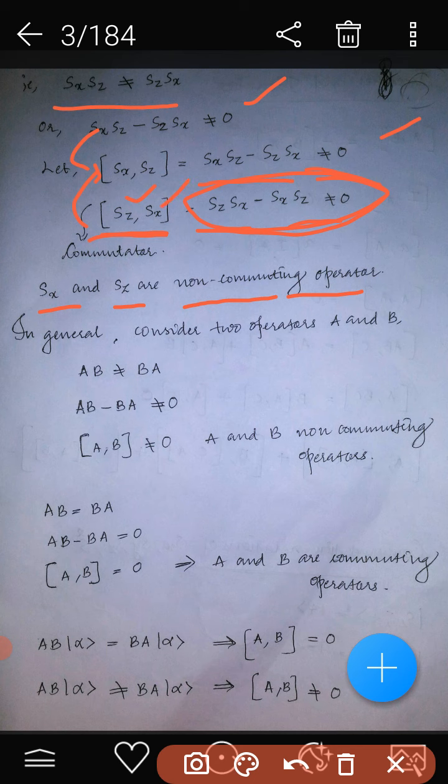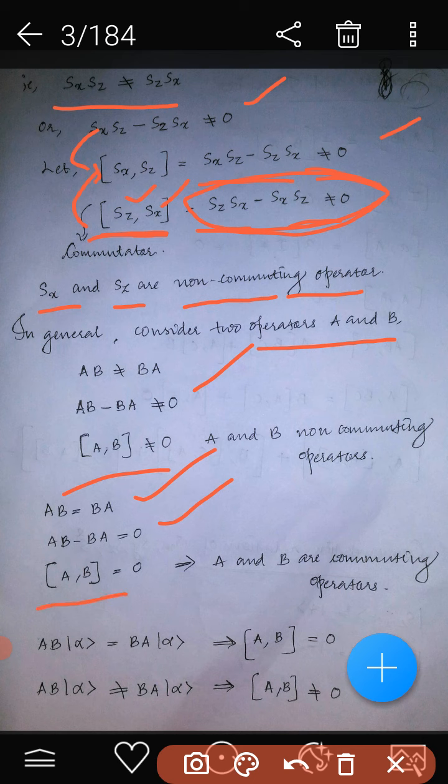So in general, when we consider two operators A and B, if AB is not equal to BA, that is AB minus BA is not equal to 0, then the commutator [A, B] is not equal to 0. That means A and B are non-commuting operators. If AB is equal to BA, then AB minus BA is equal to 0, that is [A, B] = 0.